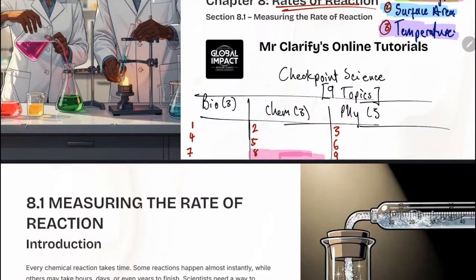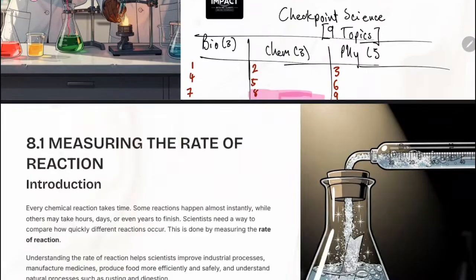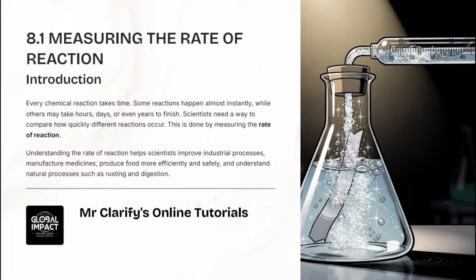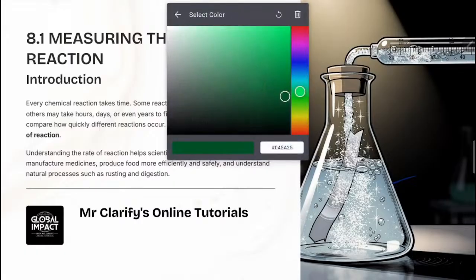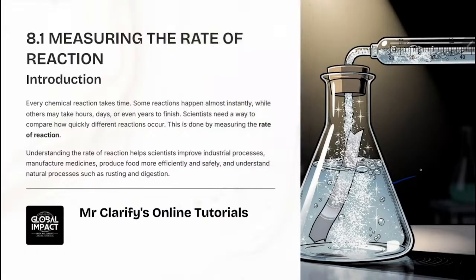Okay? Now, how do you measure the rate? Here is a setup that is going to be used a lot. So, this is going to be a flask, which we call a conical flask. In here you have put your reactants.